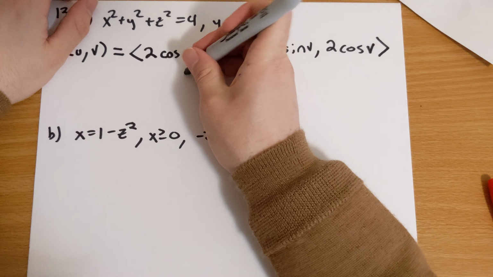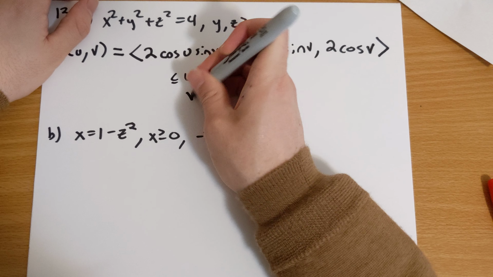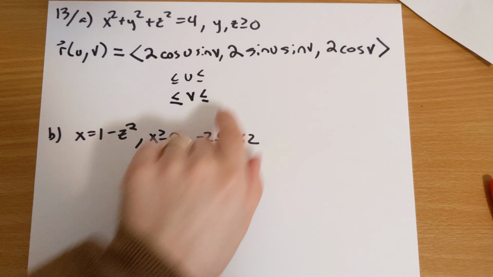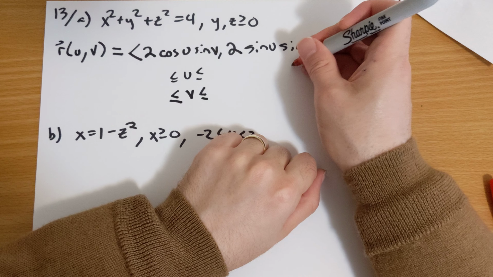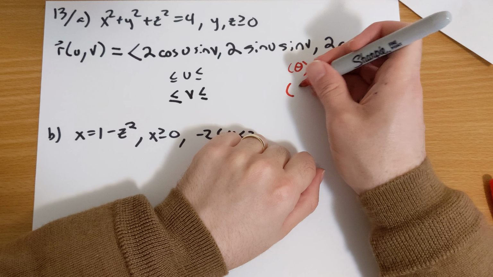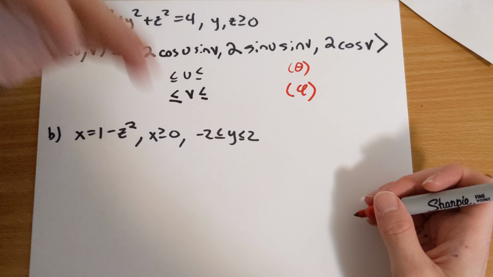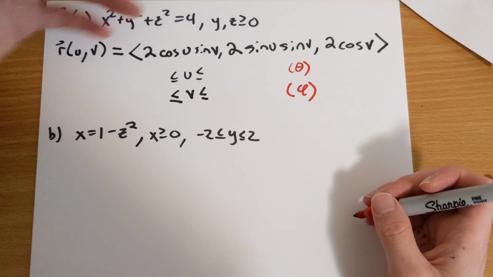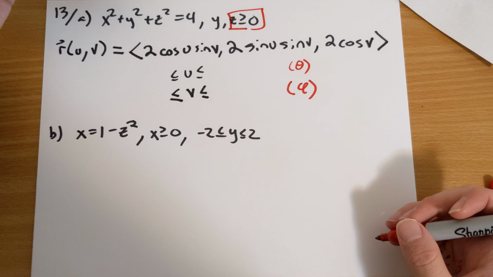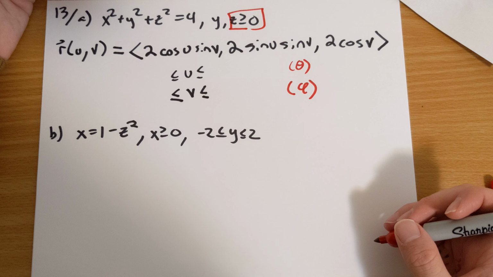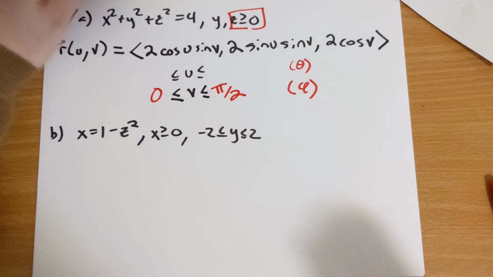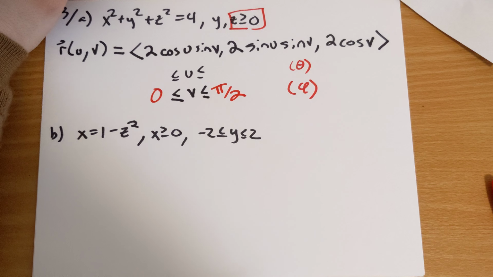What are the bounds of the parametrization? Well, u is corresponding to theta, and v is corresponding to phi here. And so usually phi would be running from 0 to pi. However, the z non-negative part will restrict phi to be between 0 and pi over 2. So that makes v between 0 and pi over 2.